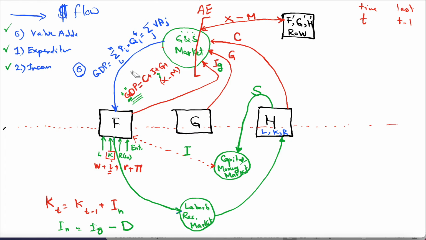This blue line is exactly equal to the total sum of the expenditure. So we say that the upper flow is the flow of expenditure, and the lower flow, the green, is the flow of income.